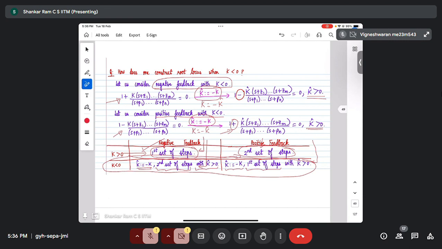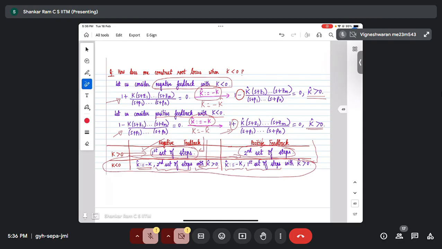Sometimes the problem definition may be such that we may have stability coming through only the case where the controller parameter is negative. So we should have a plan for that.